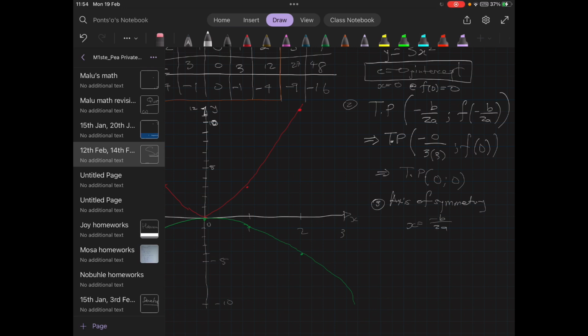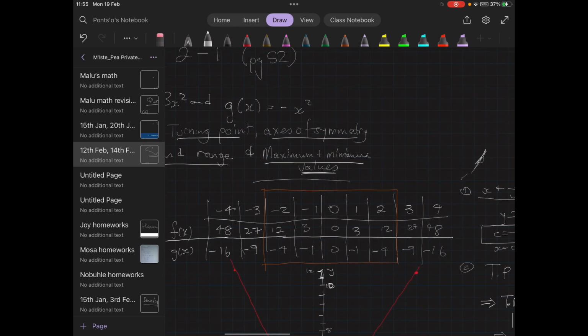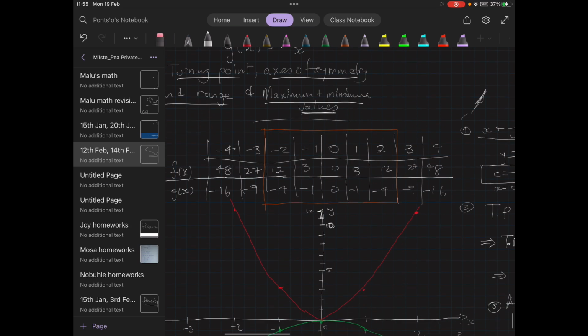That line runs vertically from negative infinity to positive infinity and cuts through the graph so that the left part of the graph is a mirror image of the right part. So at x equals 0, we have our axis of symmetry.